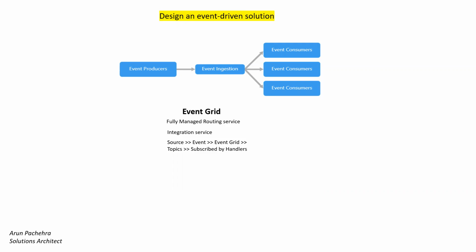So as soon as there is an image uploaded in the storage account, one event is generated, and it hits the Event Grid topic. And as soon as the topic receives the event, Azure Function runs and processes the image. So you need not go and work on these kinds of services in your application. It is there as a fully managed service. That's why we said at the very beginning, it's a fully managed event routing service.